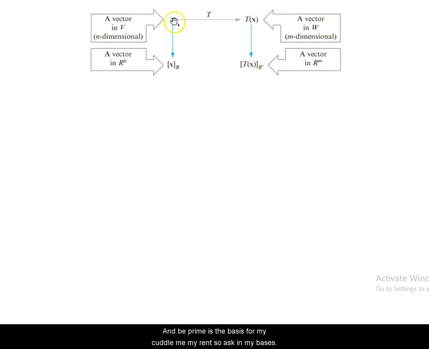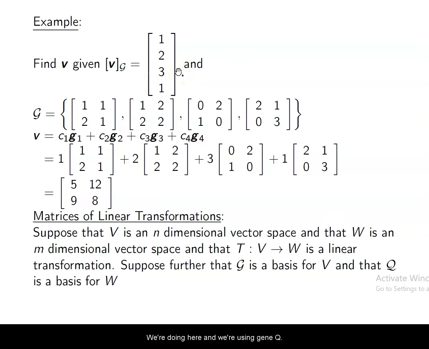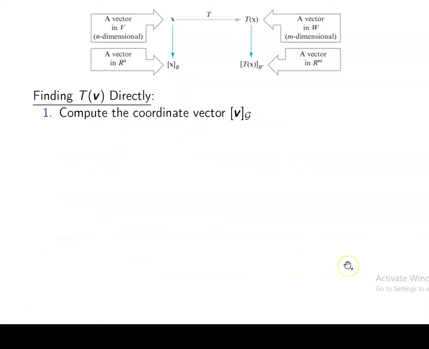So X in my basis looks like X in terms of B, and my transformation of x in its space has a representation of T of x in terms of B prime. So for our wording here, we're using G and Q. Here, B would be my G, B prime would be my Q.